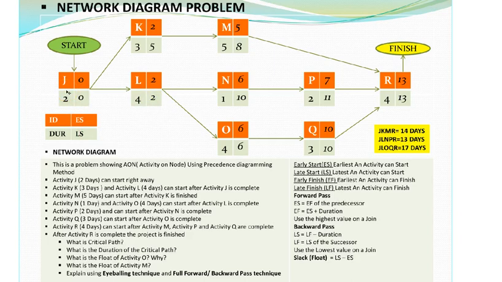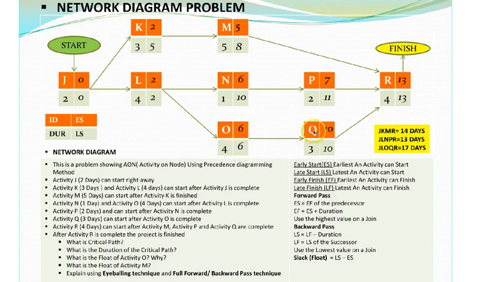Now if I want to find the float using the backward pass, I will subtract late start minus early start. So what I get over here is a 0. For activity L, the float is 2 minus 2. For activity O, the float is 6 minus 6.